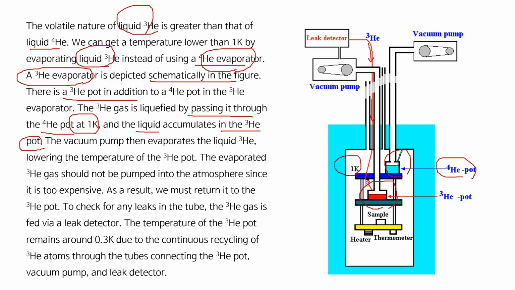The helium-3 will become liquid and accumulate in the helium-3 pot. The vacuum pump then evaporates the liquid helium-3, lowering the temperature of the helium-3 pot.